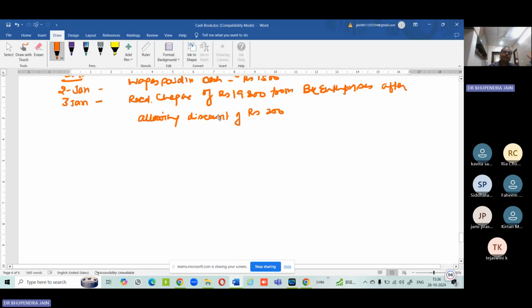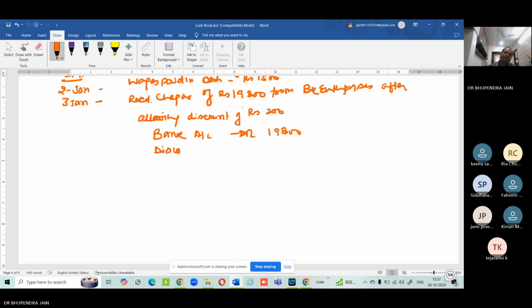Received a check of rupees 19,800, that means bank account debit. Discount allowed account debit, and to VK Enterprises.